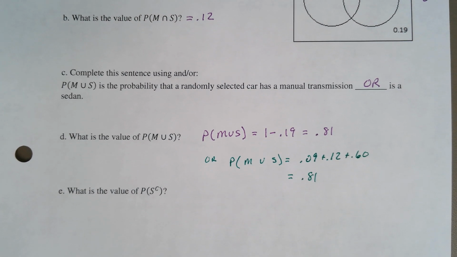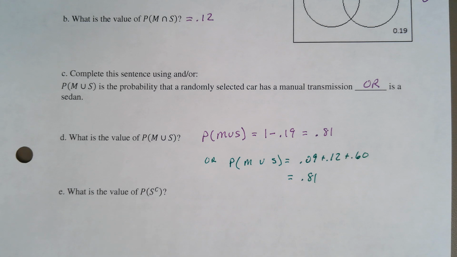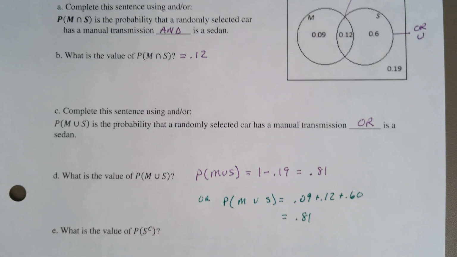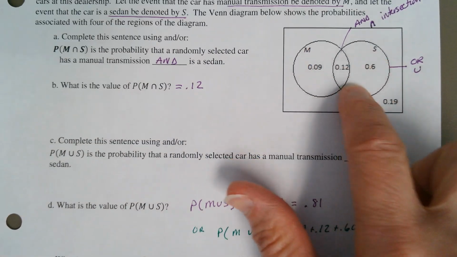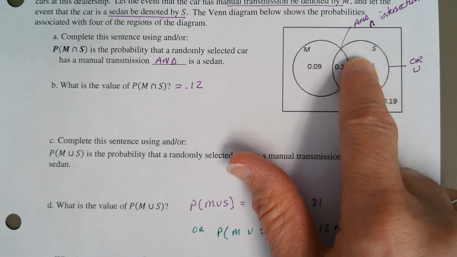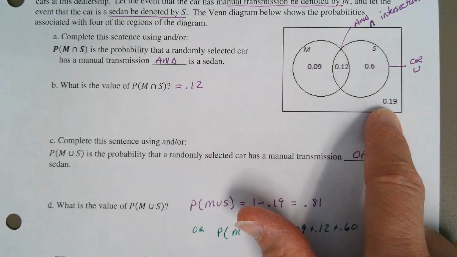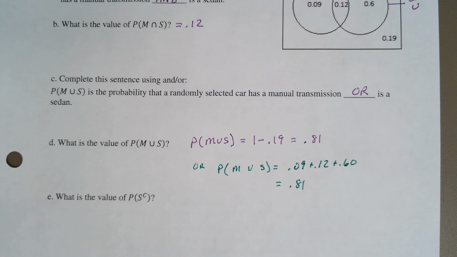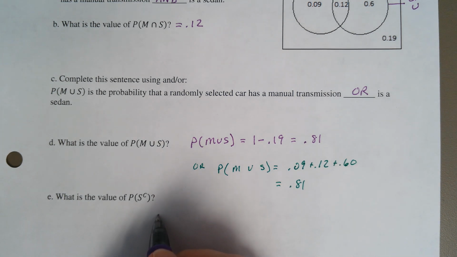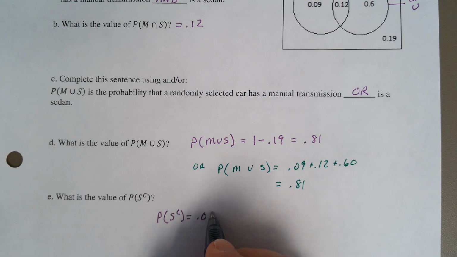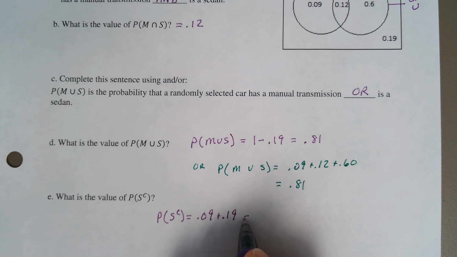What is the value of the probability of S complement? We want everything outside of S. So everything outside of here would be the 0.01 plus the 0.19, 0.28.